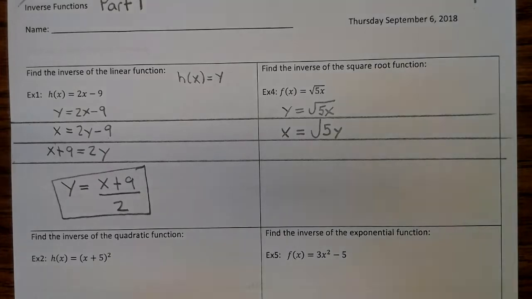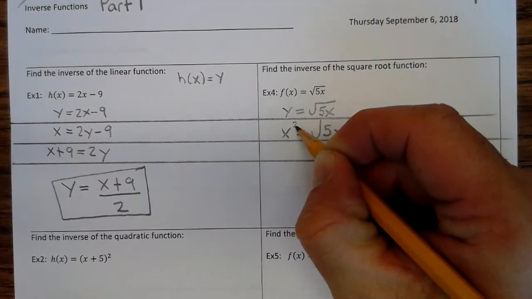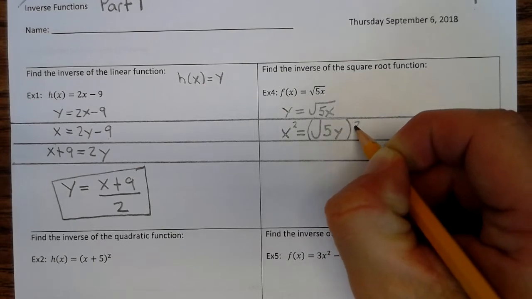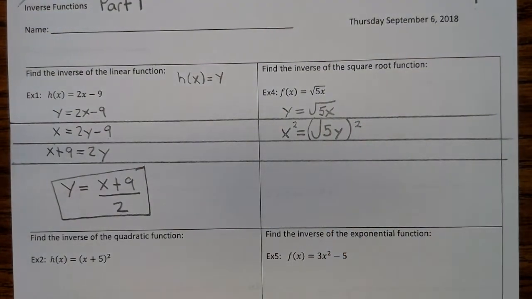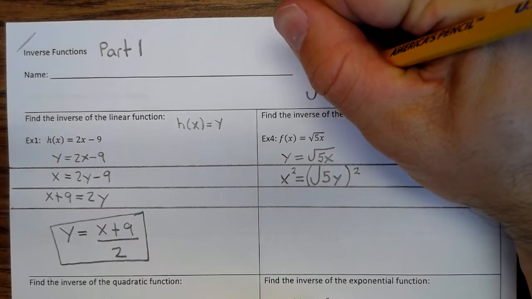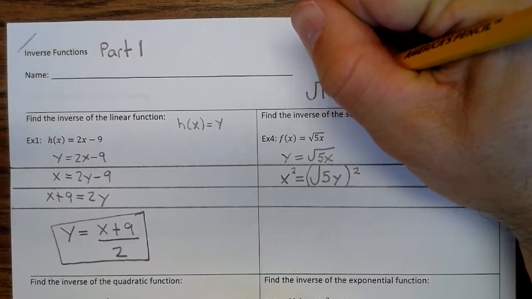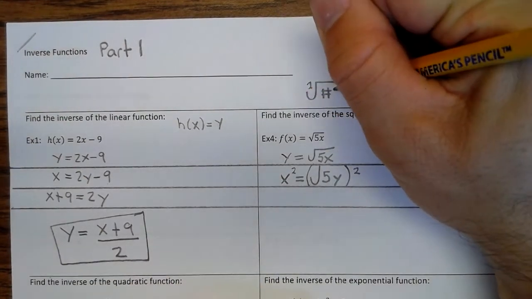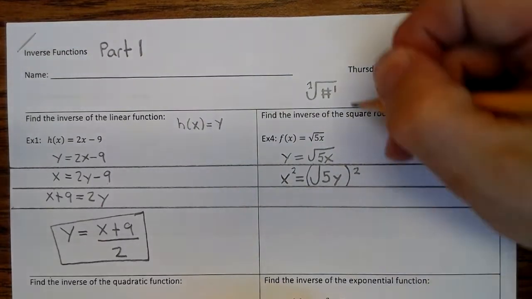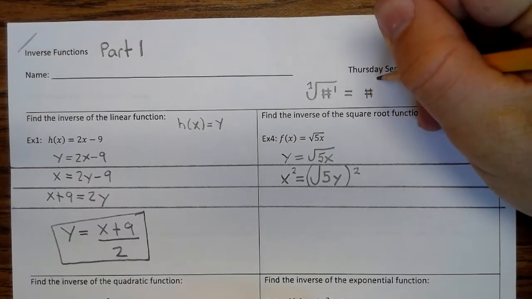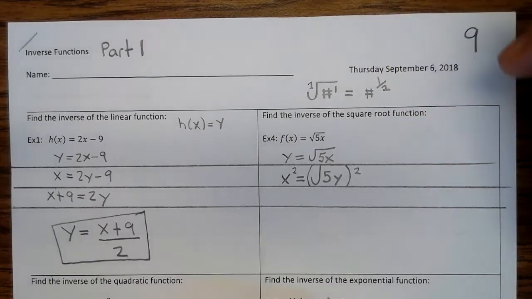So now to solve for y, we're going to square both sides. Okay. And the reason being is you can write the square root of a number this way. Technically, this is a 2 and this is a 1. So this can be written as a number raised to the 1/2 power.